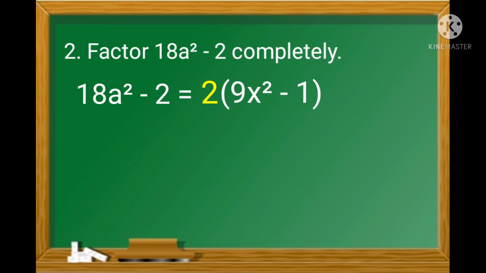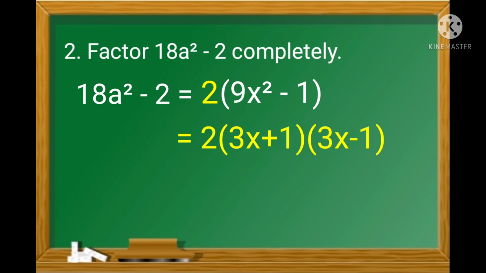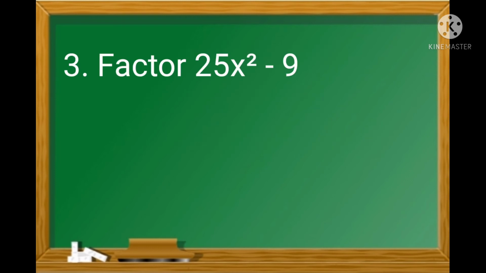So, to factor completely, we have 2 times (3x + 1) times (3x - 1). Our next example, 25x squared minus 9, we will apply difference of two squares since there is no common factor of each term.